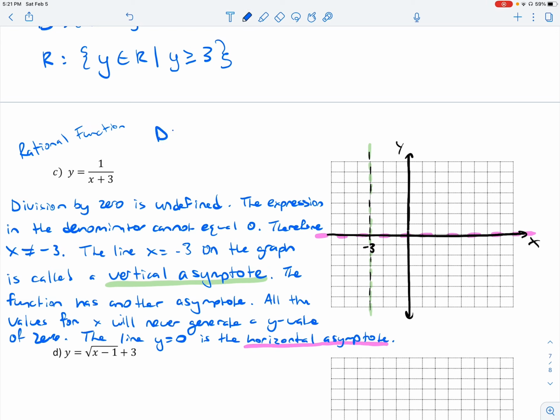So the domain for this is x is an element of the real numbers. We always write that. And now I put this line through here, okay? And now I'm going to state the restriction. We're just going to say that x is not allowed to be -3. Okay? We can use anything else, and that's fine.